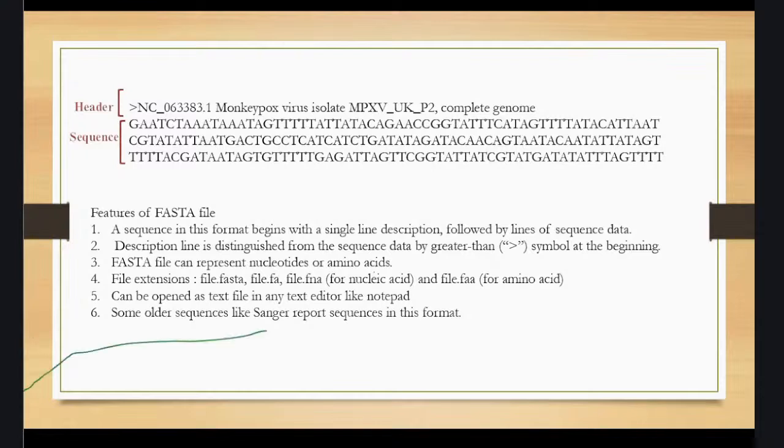Moving again. It's not moving. Just wait a minute.